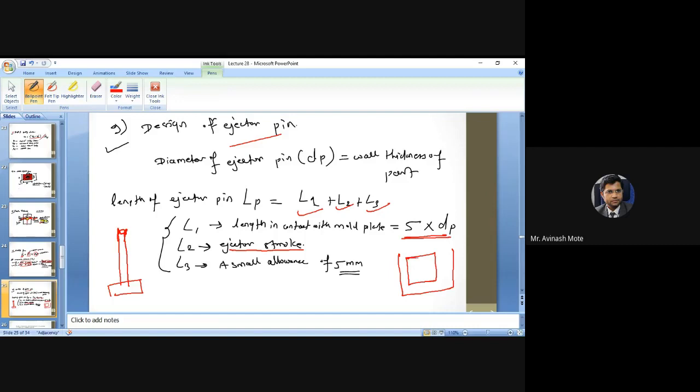This size of product you have to take out from the mold cavity by pushing from this direction. How much will you have to push? At this much depth, with this height. Whatever this size is, that much ejector stroke is required, and a small allowance of 5 millimeter is required. This way you can calculate the ejector pin length also.